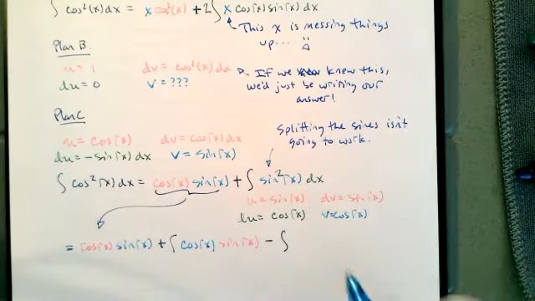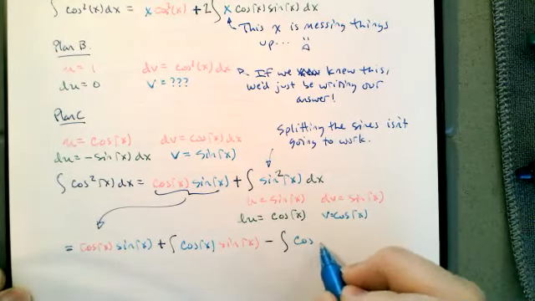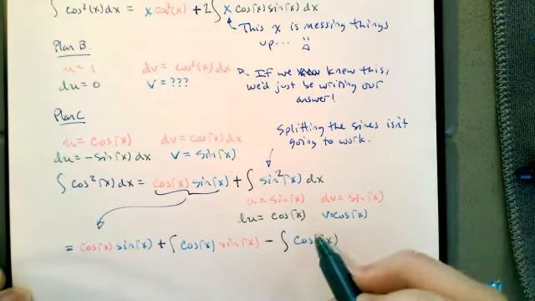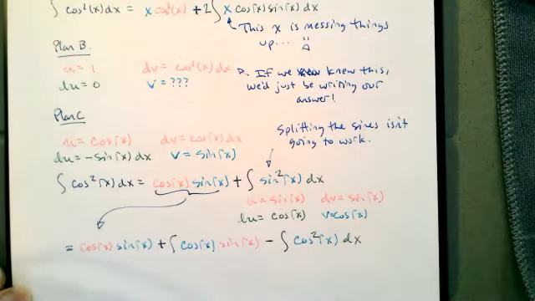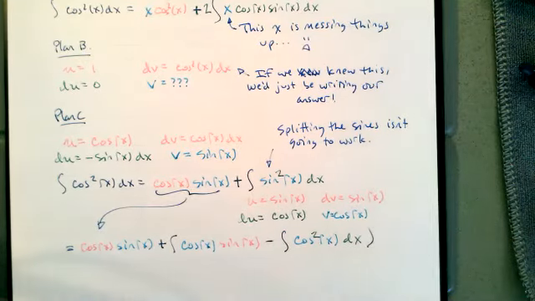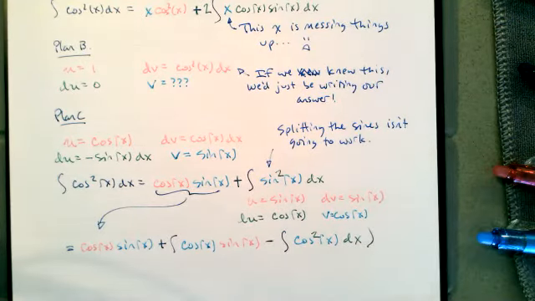Let's see, I'll follow the same pattern I did before. So cosine squared dx. Any questions so far?